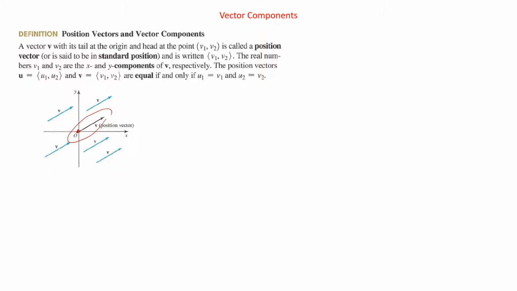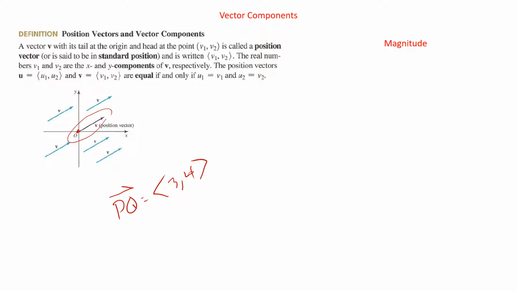So we have our position vectors, and then we have the magnitude. Now the magnitude of the vector we came up with, PQ, which was 3, 4, is the length.